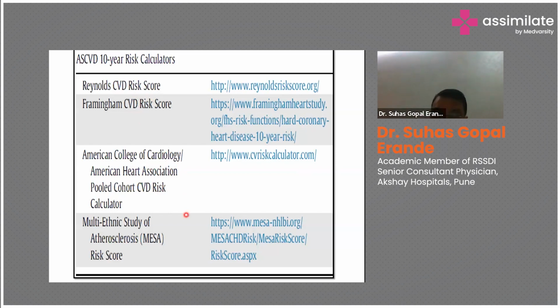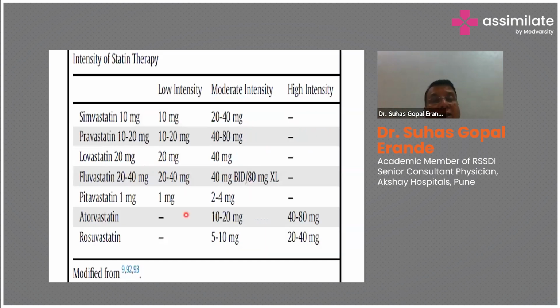European countries advise the Systematic Coronary Risk Estimator, and different countries in Europe have different scores. In India, they say that you should be using more of the QRISK score rather than anything else, so we use QRISK. Whatever method you use is not important, but you have to estimate the CV risk and then go ahead to target the LDL to a destined numerical value.